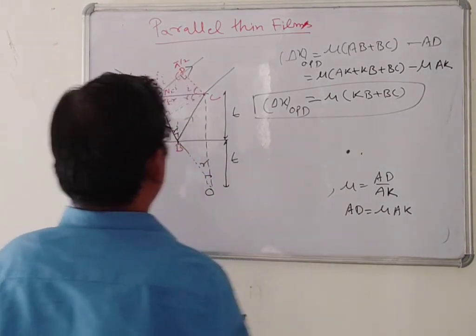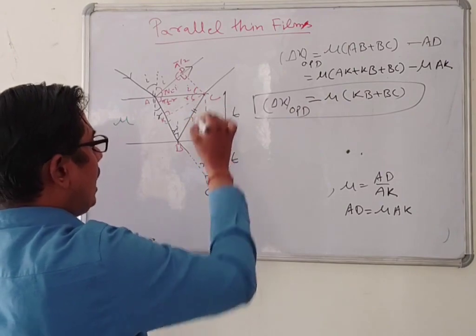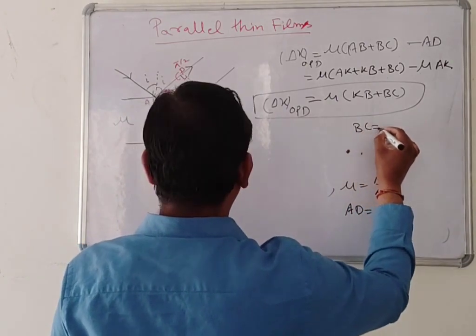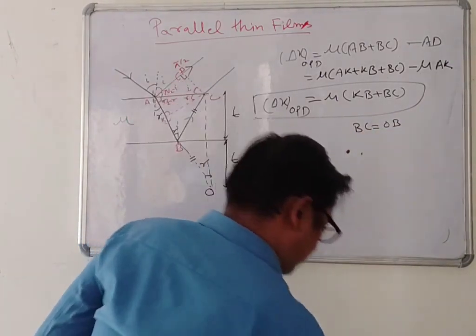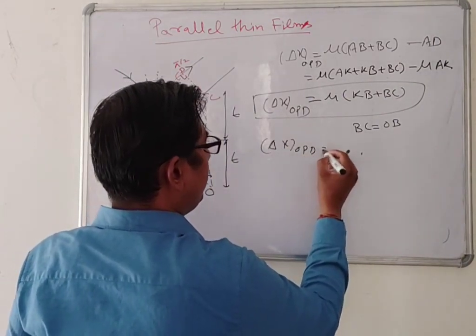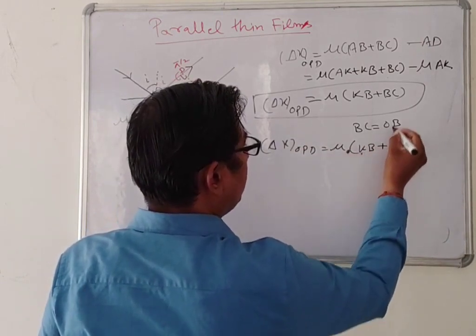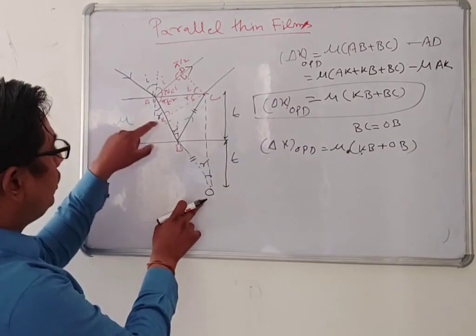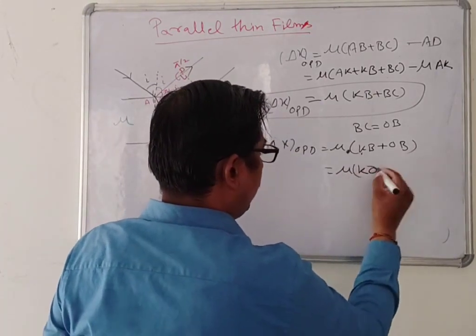Now you can see that this arm is equal to this arm. It means that BC is equal to OB. We can write the optical path difference as mu KB plus OB. This is the KB, this is the OB. You can write KO, it's mu KO.